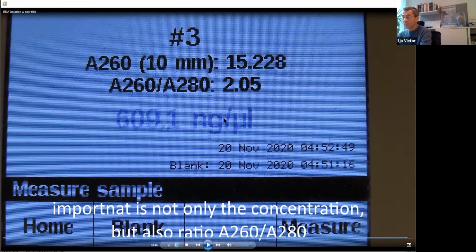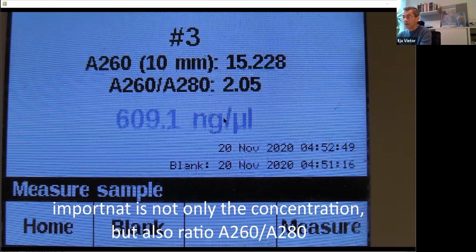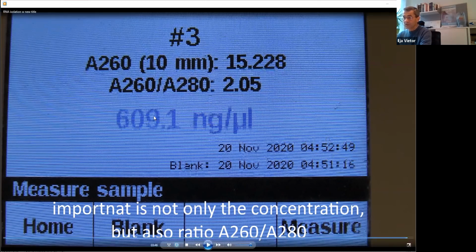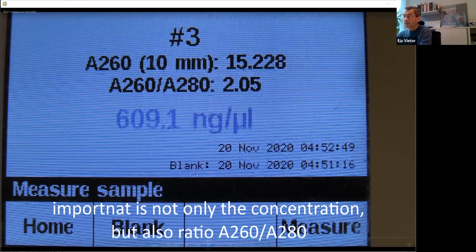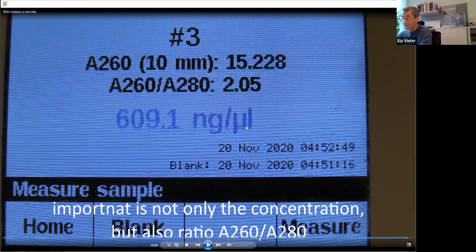Since we have selected the algorithm for RNA, the quantification is already performed for RNA, and you see 609 nanograms per microliter, because the factor for RNA is 40, so it knows exactly how to calculate the concentration. This is per microliter, and you know that we had 2 elution steps, so the yield was pretty high.